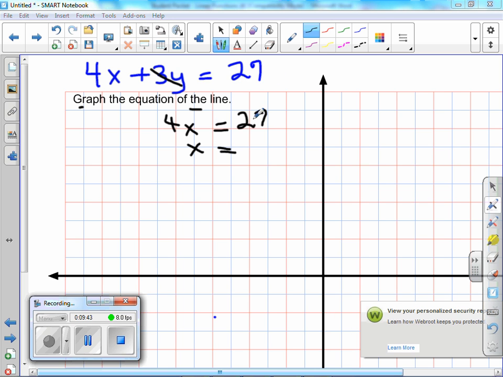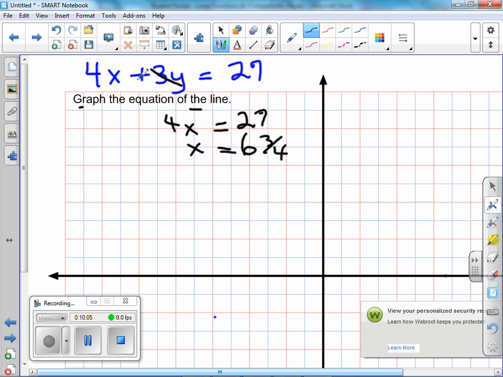This is not going to come out even, but that's okay, I'm not going to change it. 4 times 6 is 24, with 3 left over, so 3/4. So if we were to graph it, x would be about 6 and 3/4. 1, 2, 3, 4, 5, 6, and a little bit more.